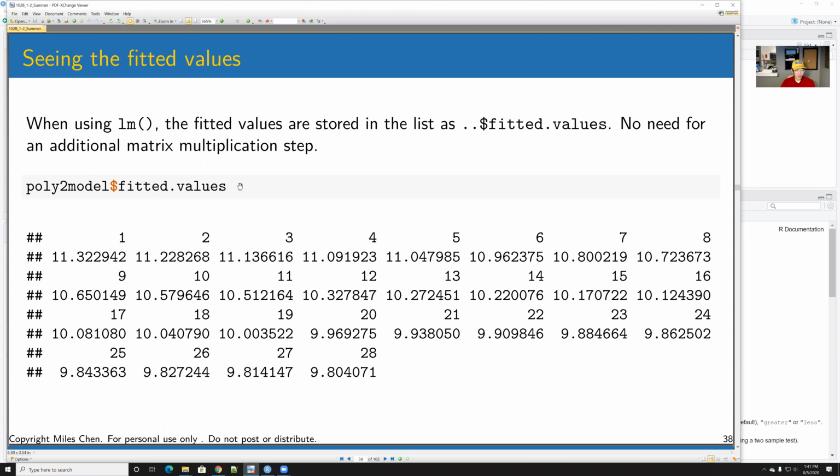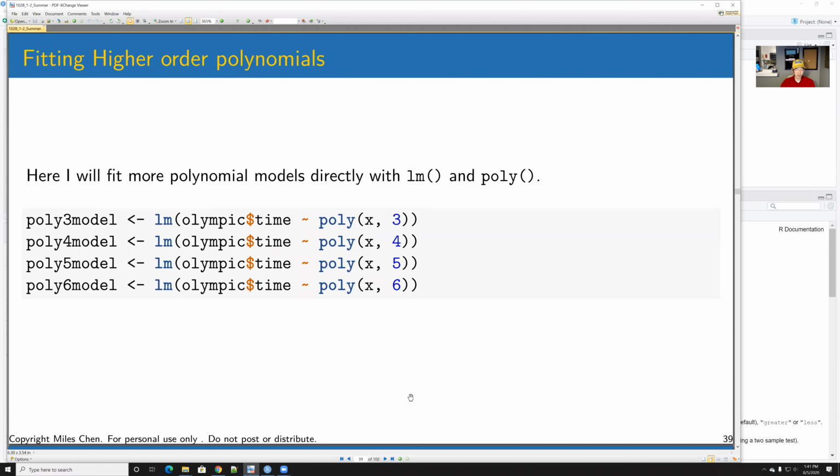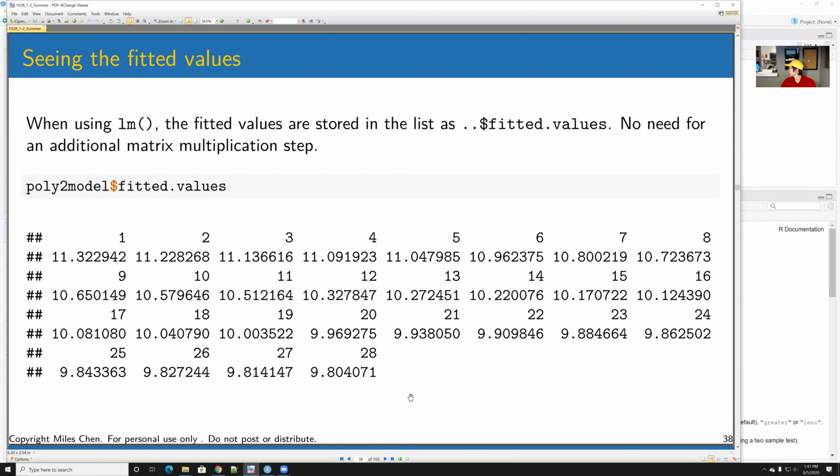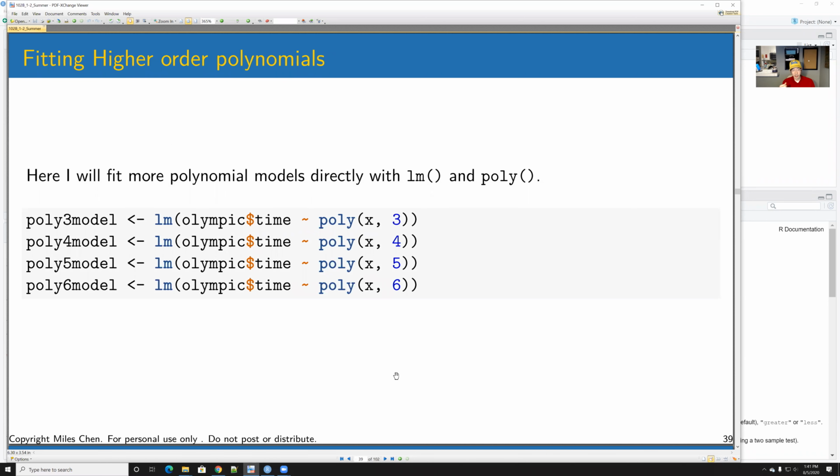So we can just take a look at the fitted values and see how they're working here. What I'm going to do is fit polynomial models of order 3, third order polynomial, fourth order, fifth, and sixth order polynomials to our data.